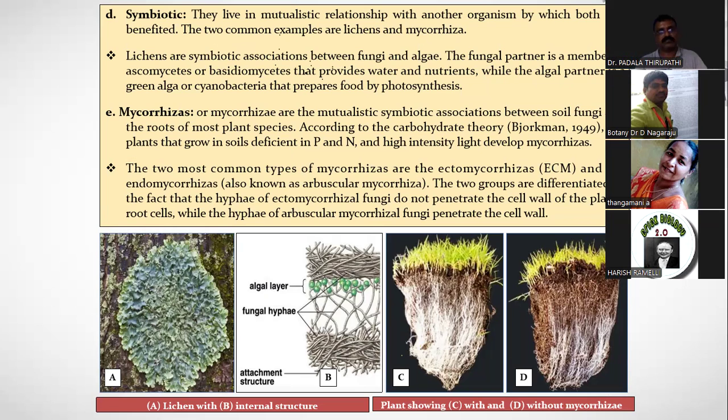Lichens are associated with the algae. Mycorrhiza is associated with the roots of higher plants. Legumes, which have the rhizobium bacteria, are a bacterial association with the root, not a fungal association with the root.